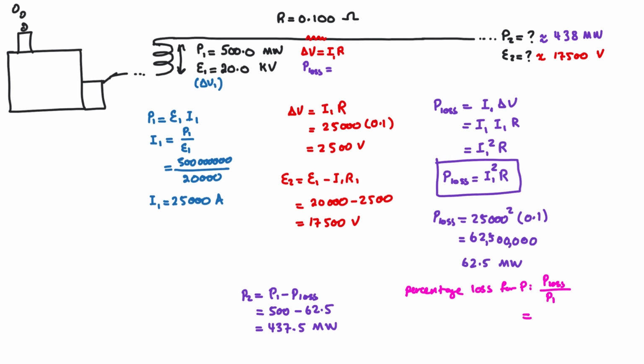That's going to be 62.5 divided by 500. And these are all megawatts, so the 10 to the 6 is going to cancel out. If I put that on my calculator, I will get 12.5% losses just by our electricity going through a wire, and not even a big distance.